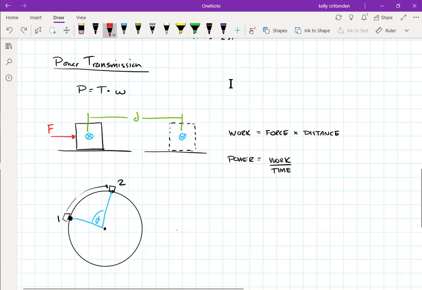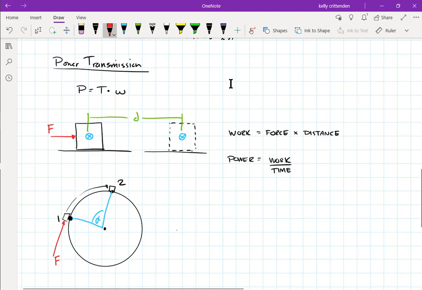It's a tangent force to the circle that I've drawn. And I'm going to move this box around the circle, or rotate the shaft. This box could be an actual box on a circle, or it could be a little tiny particle of the shaft that's spinning around. It doesn't matter how you think of it.